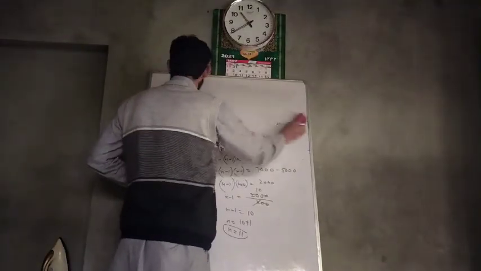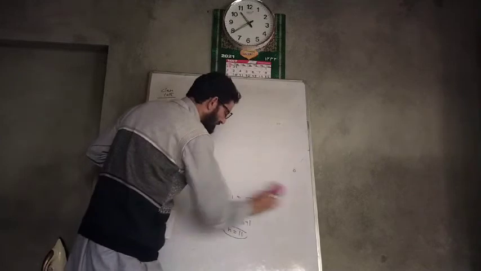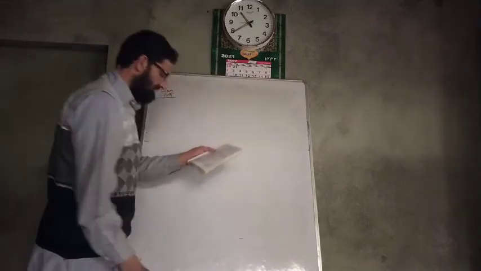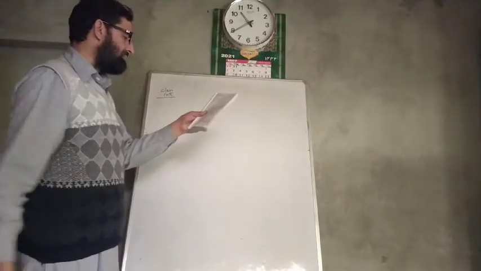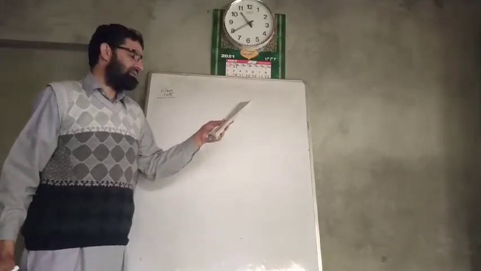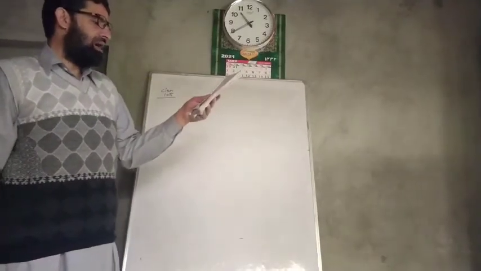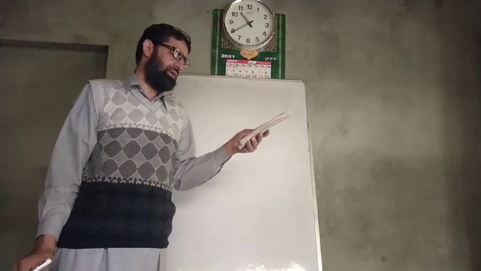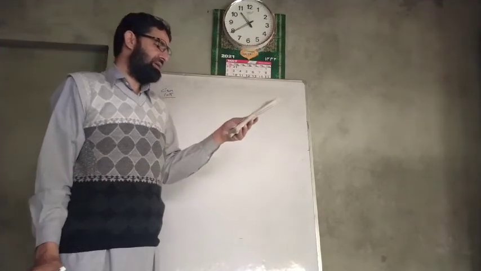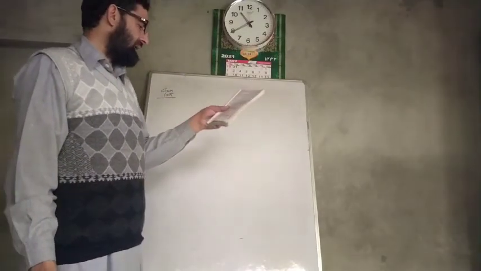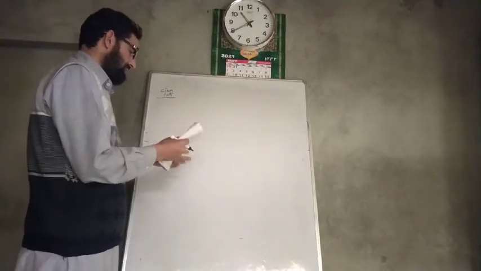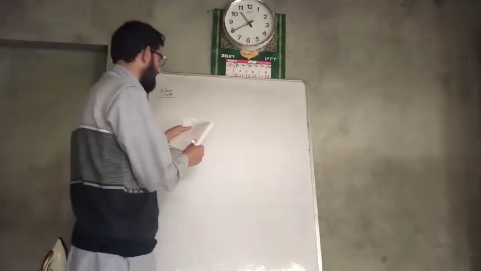So this was question number 19. Now the last question of this exercise is: Ramkali saved 5 rupees in the first week of the year, and then increased her weekly savings by 1.75, and in the nth week her savings become 20.75 rupees.